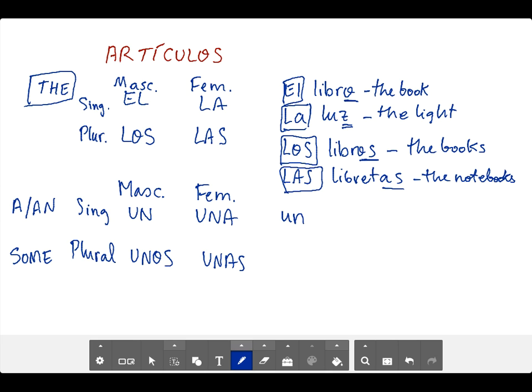For example, un animal, ends in an L, so an animal, right? Una chica, a girl.